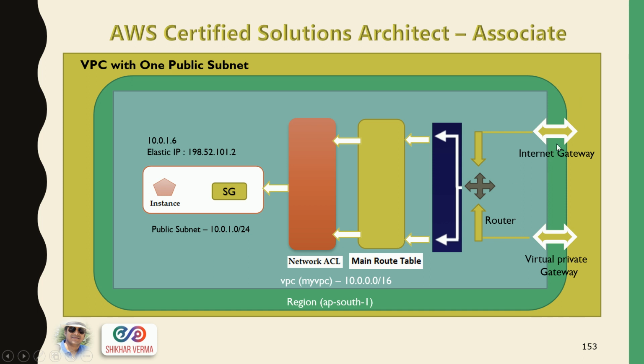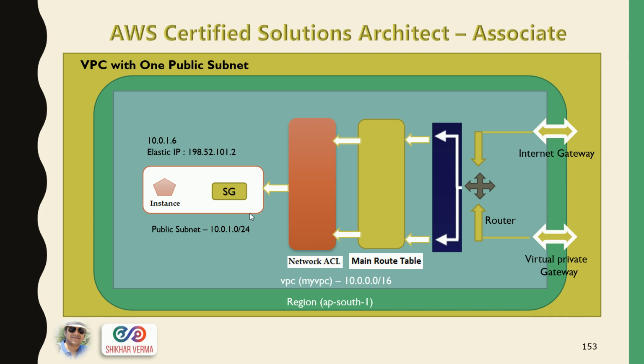So this gateway that you have to create manually is basically used to provide internet connectivity to your VPC subnets. So this way you can provide internet connectivity to your subnet.